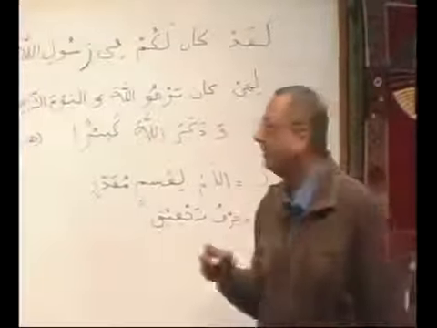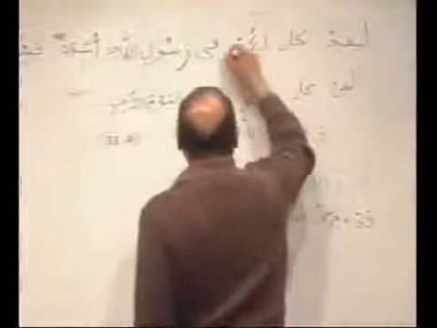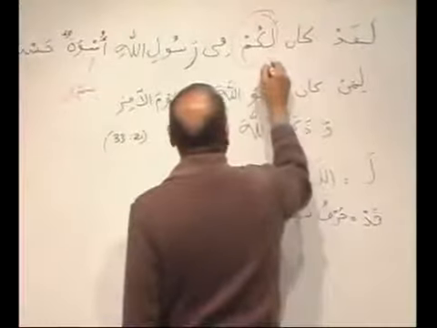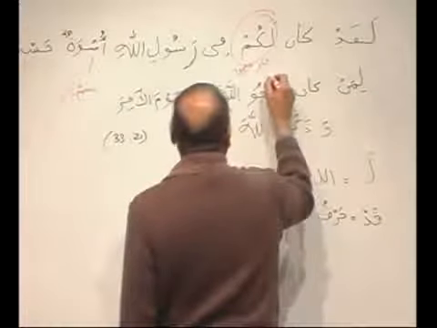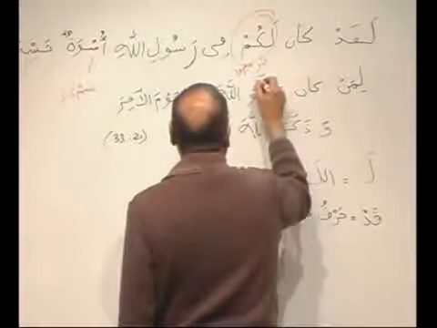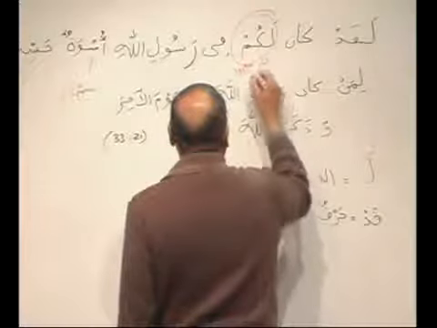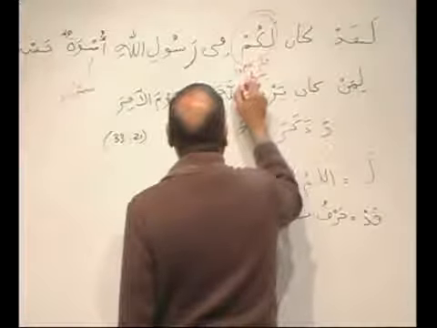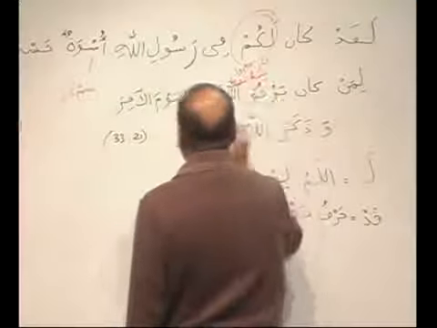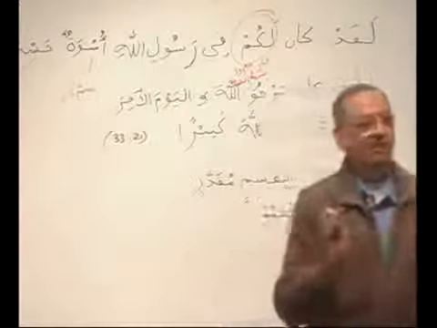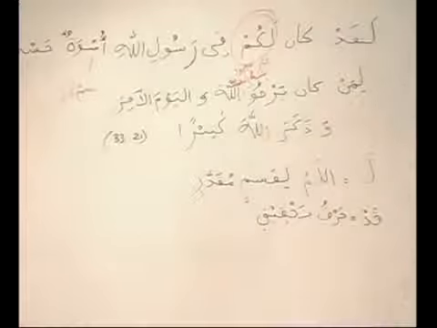Are you with me, brother and sister? So this is your jar majrur, and it is shibhu jumla. This is your khabar. I am writing shortly. I want you to understand, because these things we'll do in much more detail later on.